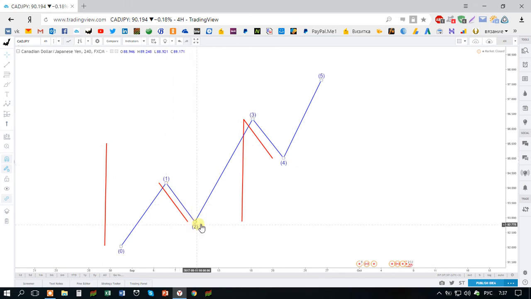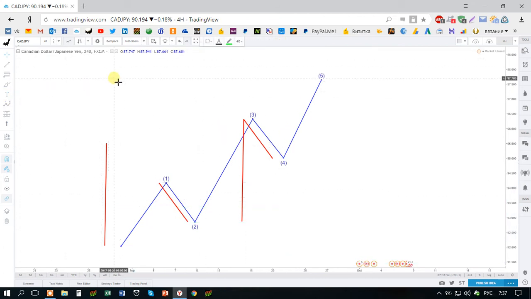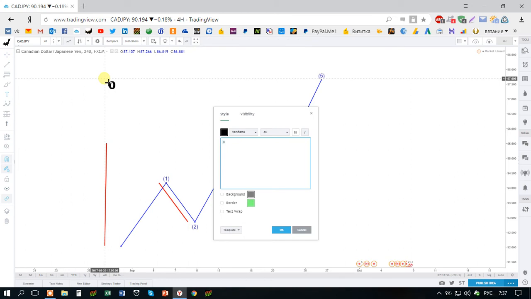We know that wave 2 is most commonly a 0.618 retracement. Was it 1.618? Sorry, 0.618. Yes, the most common is 0.618 retracement of wave 1. Let me type it. Wave 2, here we have it in brackets, 2 equals 0.618 multiplied by 1.